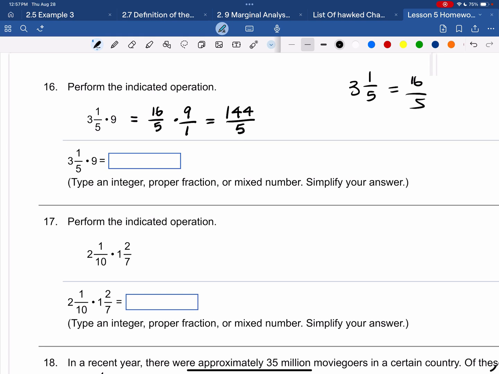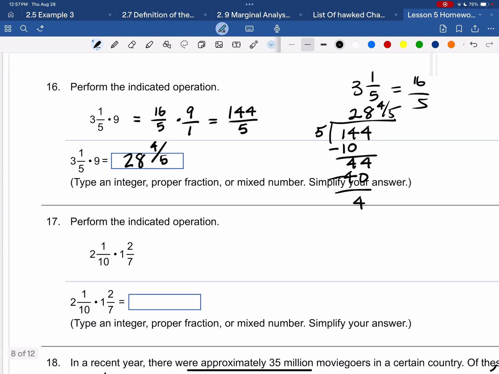We've got an improper fraction. We'll go to long division. 5 won't go into 1. 5 goes into 14. 2 times. Subtract. Bring down the 4. 5 goes into 44 8 times. 8 times 5 is 40. Subtract, remainder 4 gives me 4/5. So 28 and 4/5.